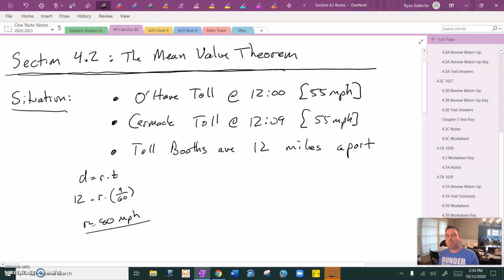So even though you went through one toll booth at 55 and the other toll booth at 55, you averaged 80 miles per hour. And what the mean value theorem says is that since speed is continuous and differentiable, we can take the derivative of it at every point. If your average speed was 80 miles per hour, you had to have a point where your speedometer said exactly 80 miles per hour. And so you could get a ticket for speeding.